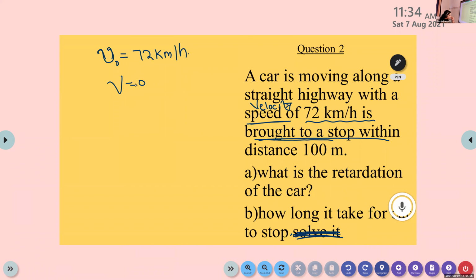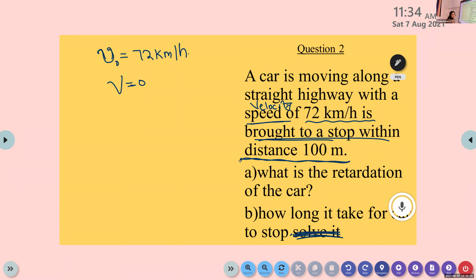Then, are there any other values provided here? Distance. How do we represent the distance? Which letter is used to represent the distance? Distance means the position, students.